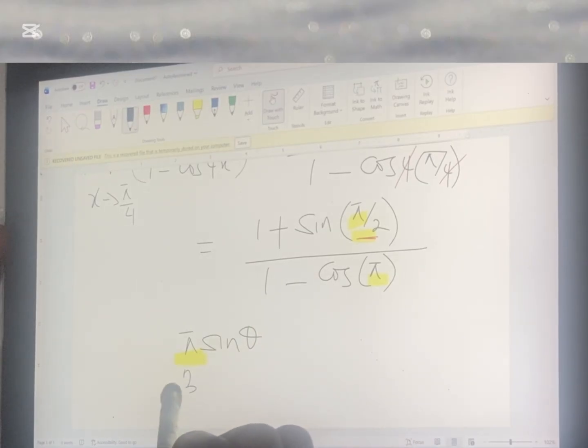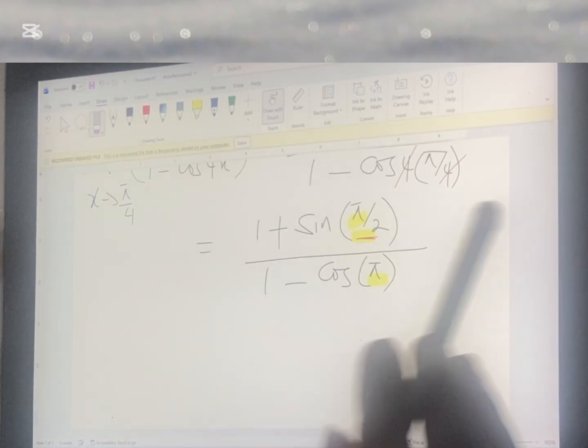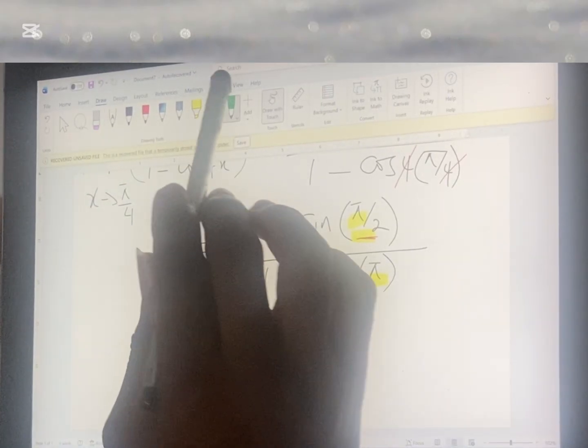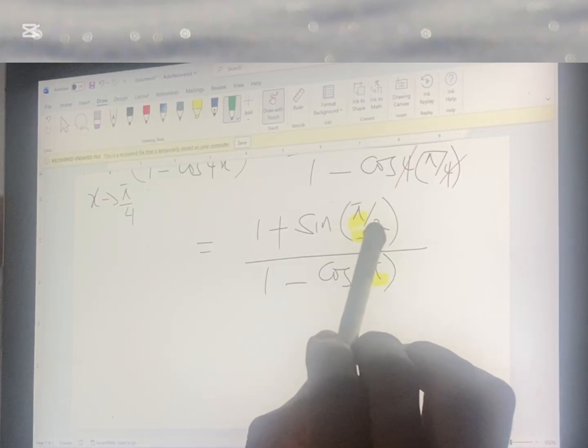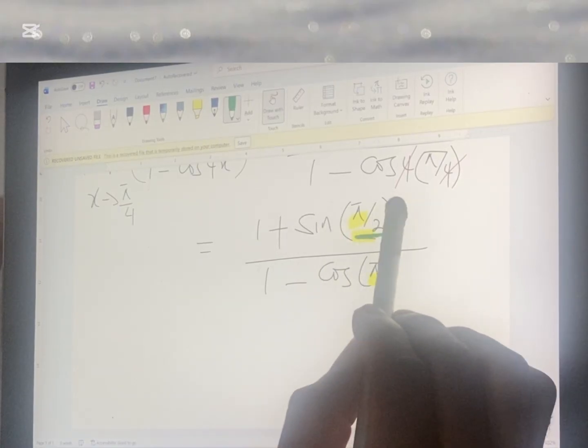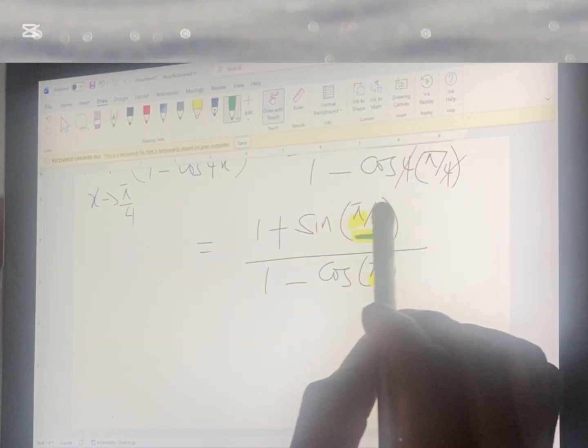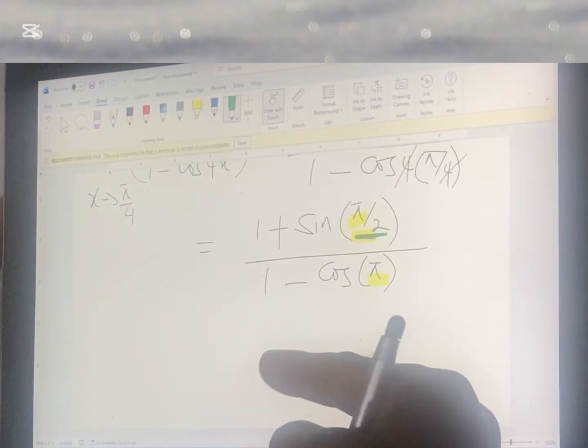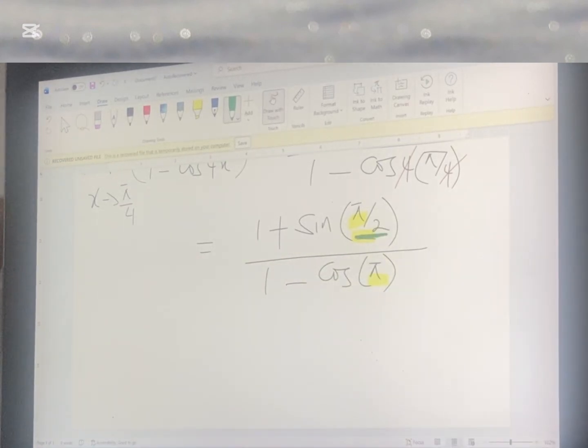Okay, let me come again. Whenever pi is at the front of trig, sine, cosine, tangent, it means that pi is acting as an angle and the value will be 180.